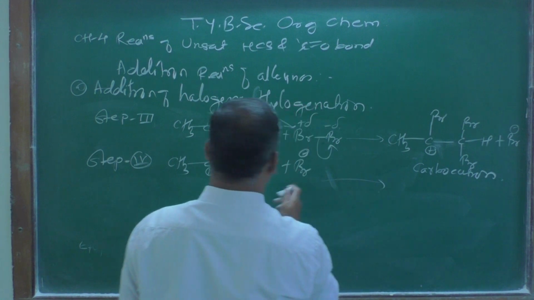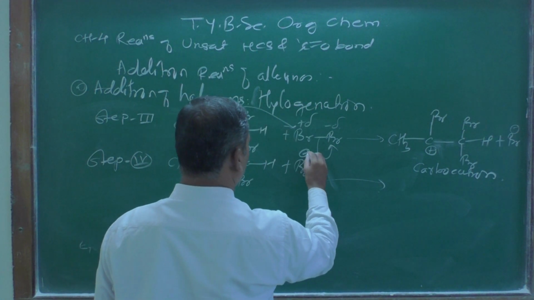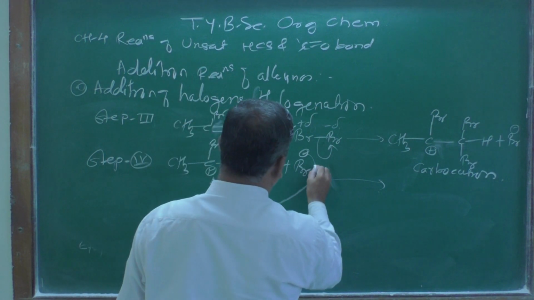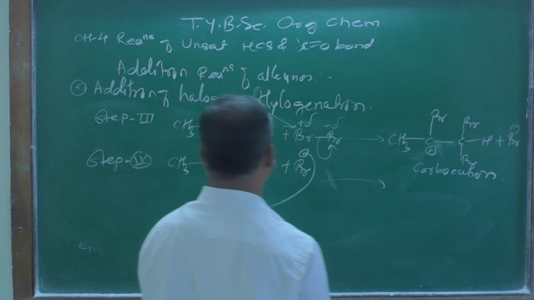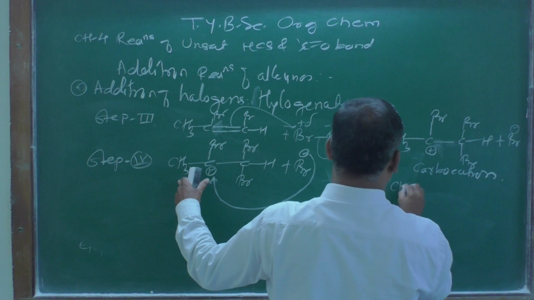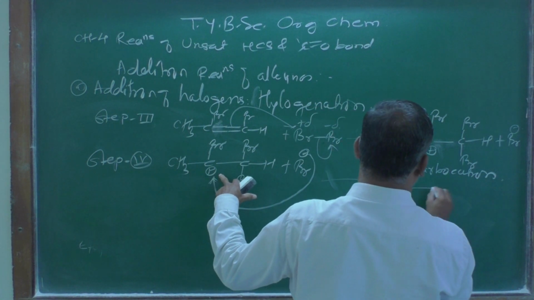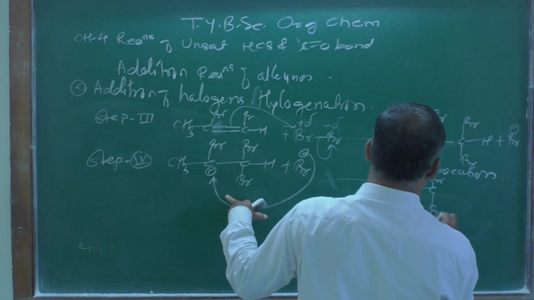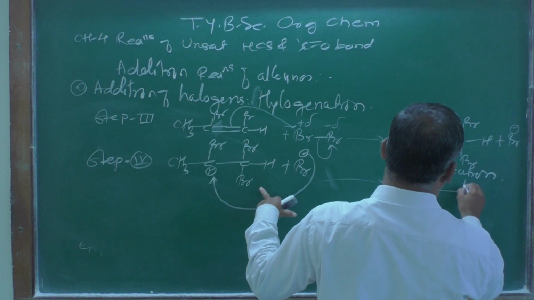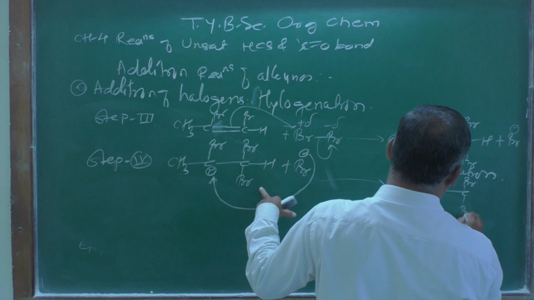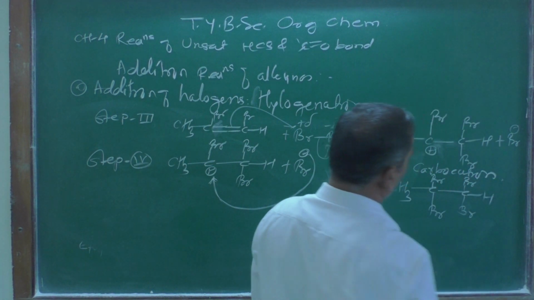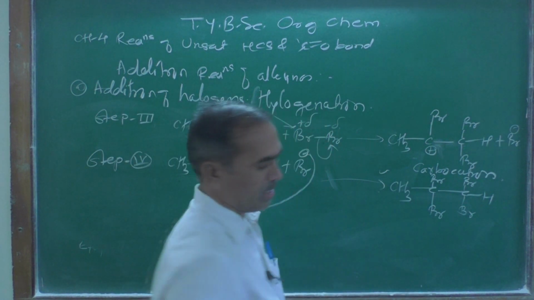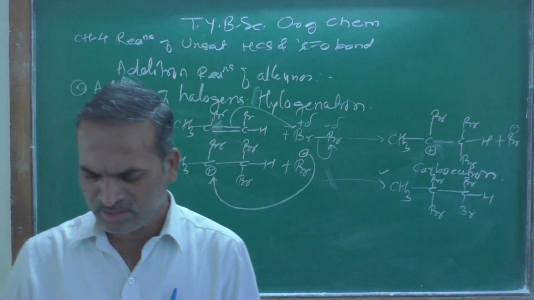on the carbocation. This negative charge is now attacking this carbon atom, and finally you are going to get CH3, then C, Br, here is a Br, then C, Br, and one hydrogen atom over there, and in this way we can write the mechanism of this.